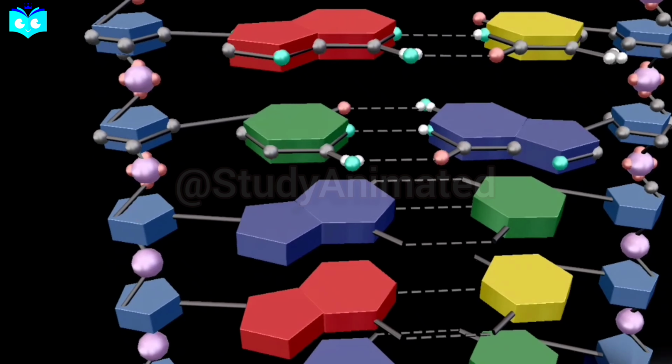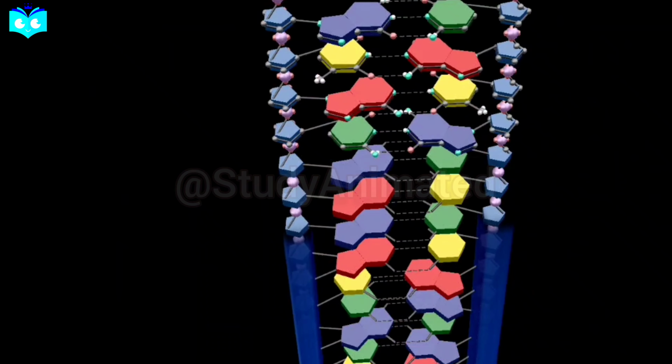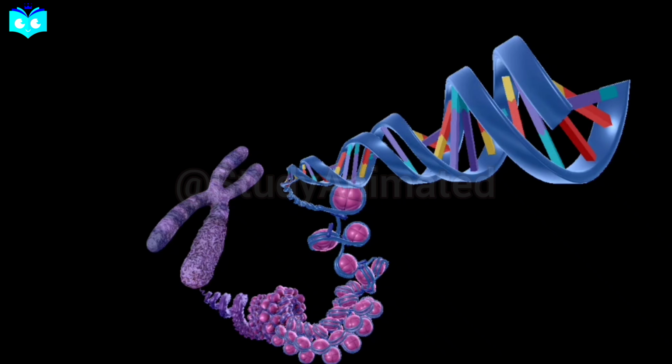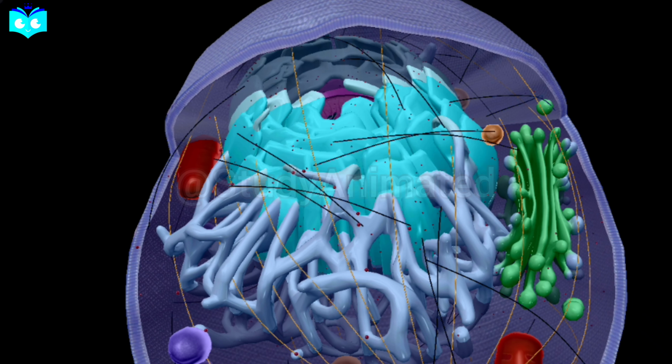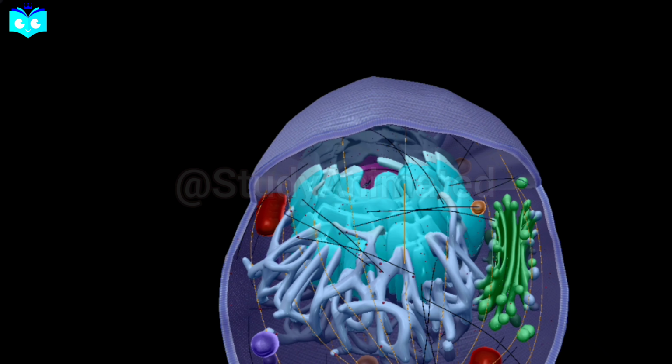One complete turn of the helix is about 3.4 nanometers and contains approximately 10 base pairs. The double helix also has a major groove and a minor groove, which provide regions where DNA-binding proteins can interact with the DNA.